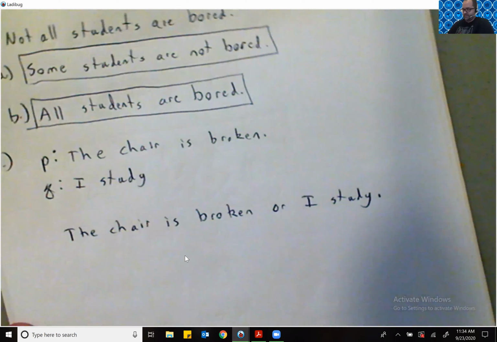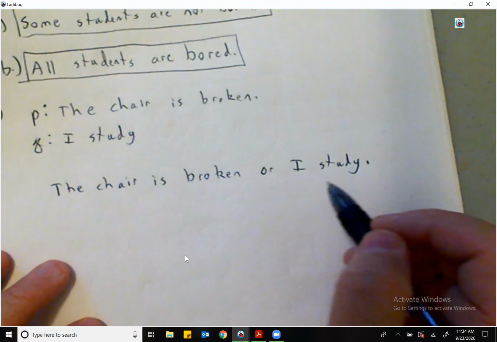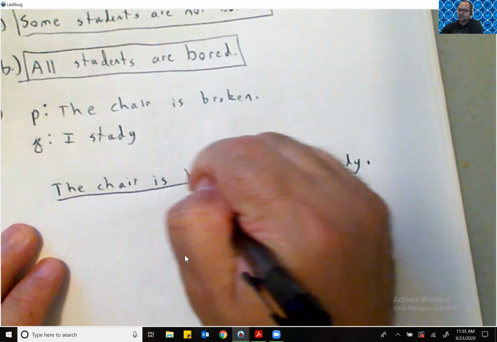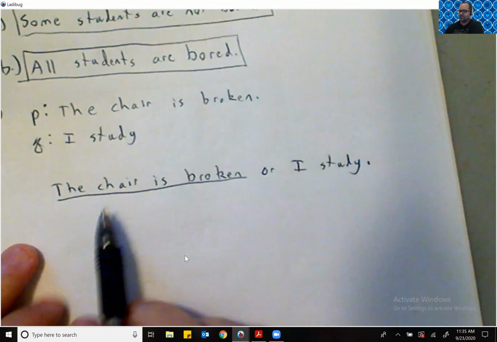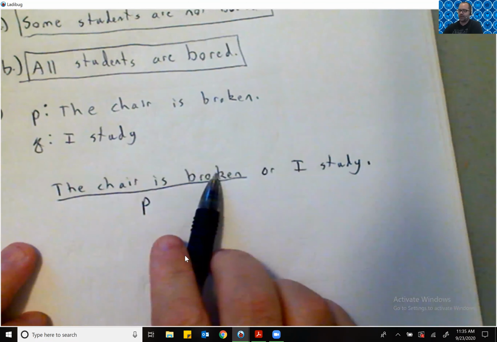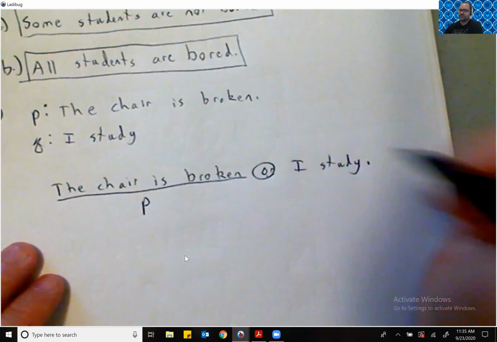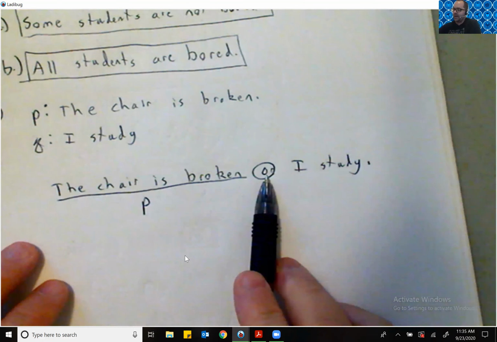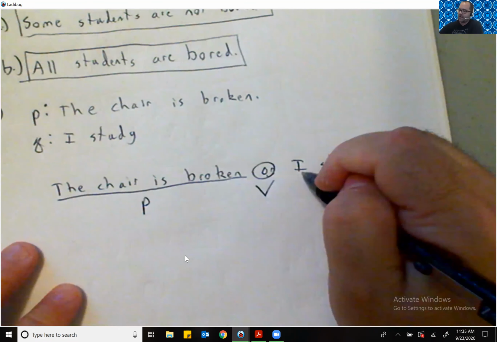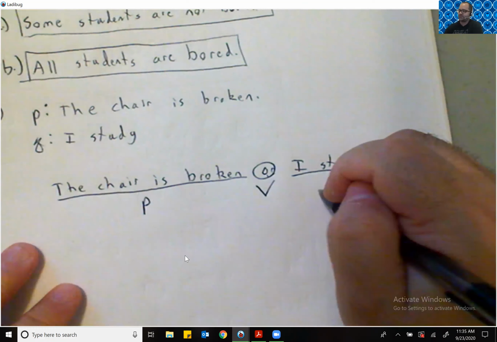That's right. When we talked about this, remember I gave you ways to do notation and annotate this stuff. This is the first sentence, which matches the P that you told me. The chair is broken is P. I always circle the conjunctions, so I circle the or, and as you said, the or looks like a V. And I study is the second statement, and that's Q. So there's the answer you just gave me.